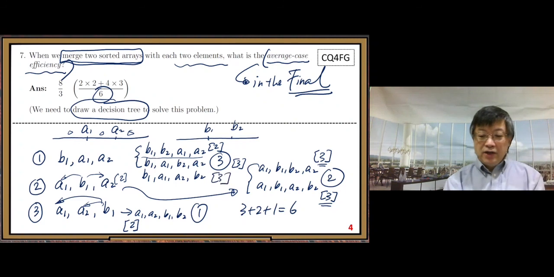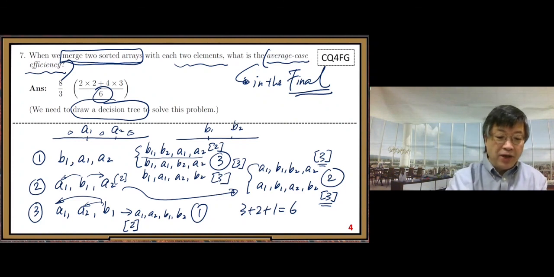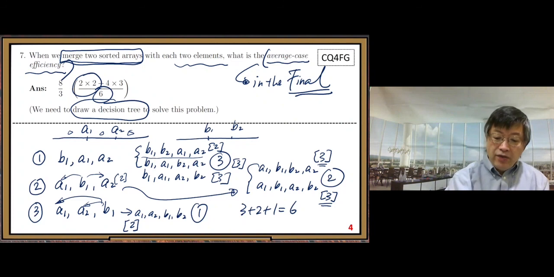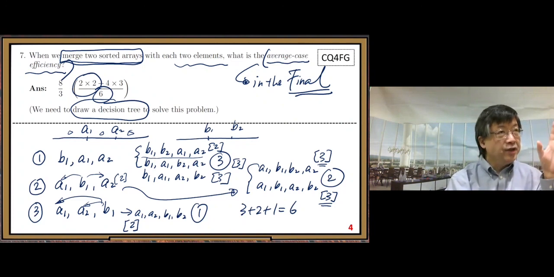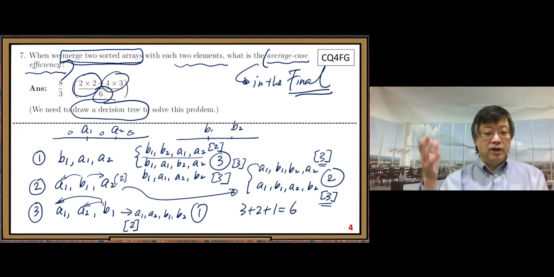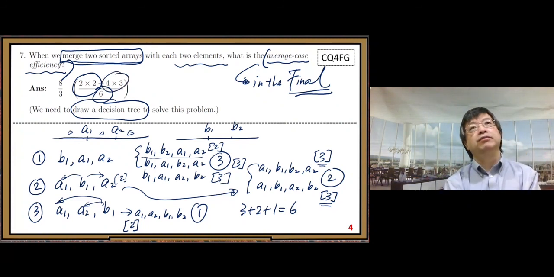So now you can see for all the 6 cases, 2 comparisons appear twice, so 2 times 2. 3-comparison subcases appear 4 times, so 3 times 4. That's the reason we get that formula.